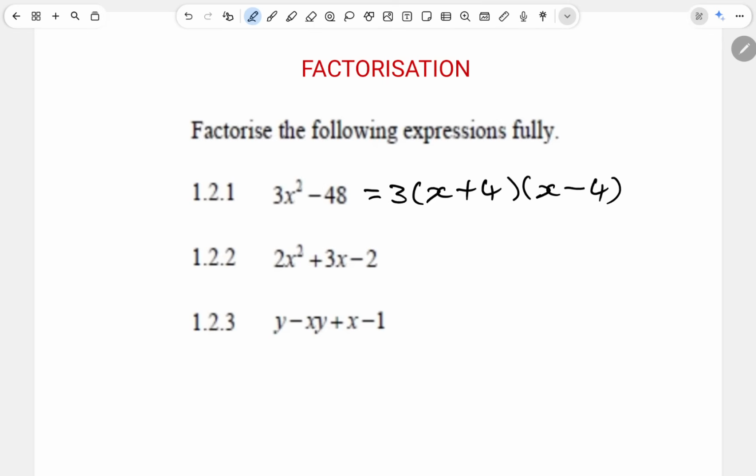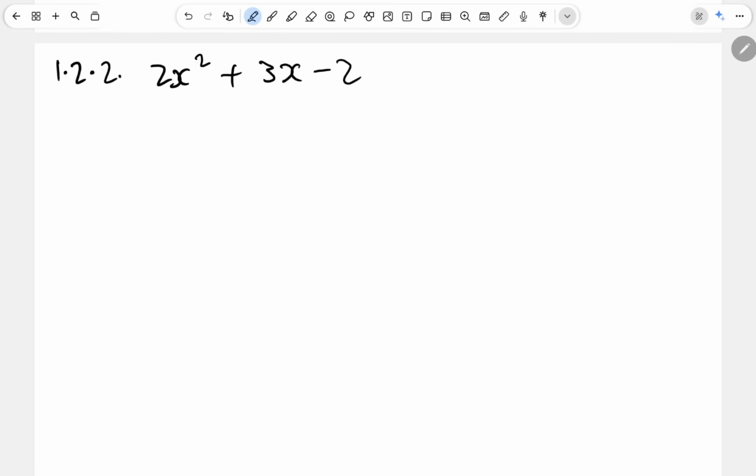Now let's move to the next question, the complex trinomial question. This is a complex trinomial because the number in front of x squared is not 1.